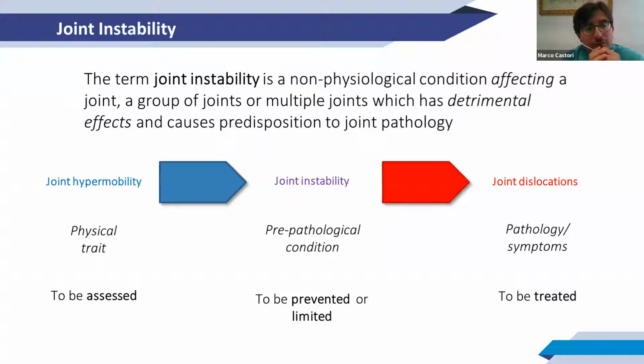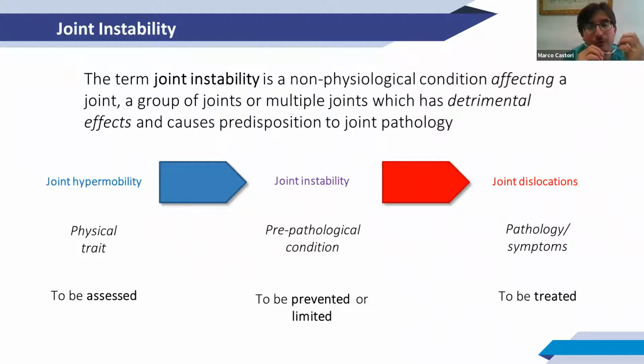Close to the concept of joint hypermobility, there is also the concept of joint instability. The definition of joint instability is not clear in the literature, at least from my perspective, sorry.